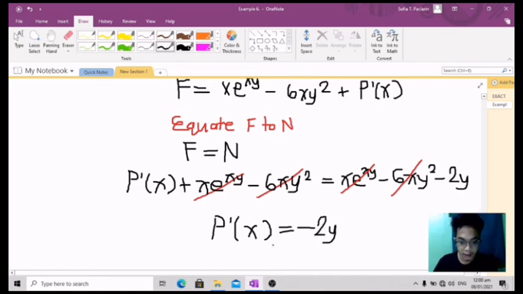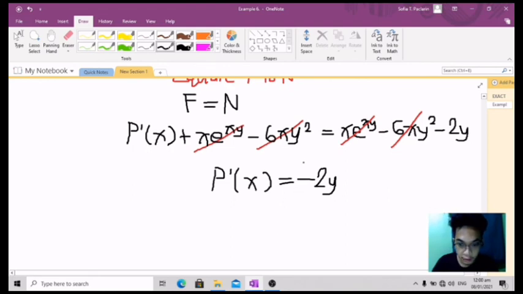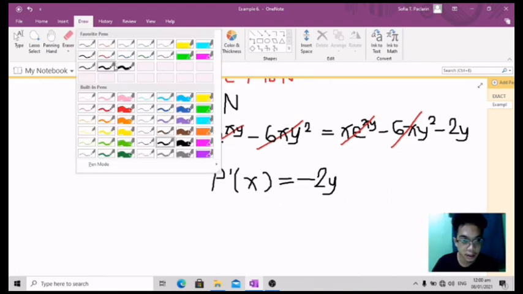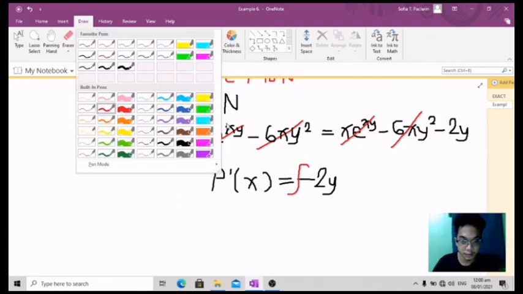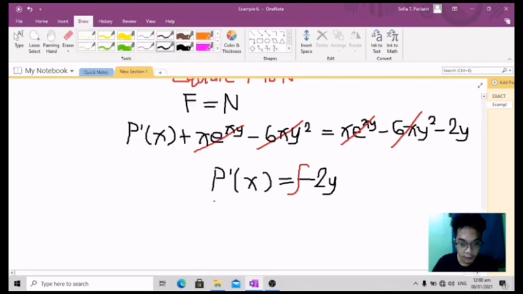So in order to get the p of y, we need to integrate the value of p prime of y. So it will become negative y squared.